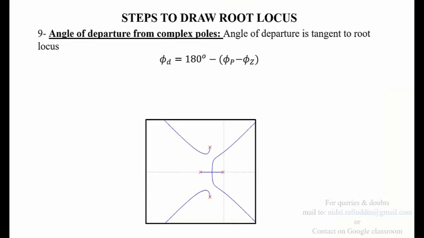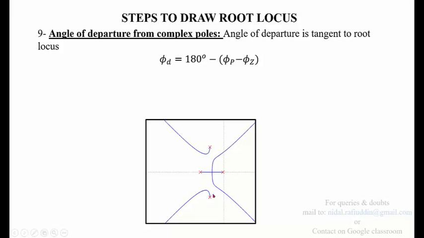And then comes rule 9. It talks about the angle of departure from complex poles. So whenever you're going to have complex poles, for example in this example, you see that there are two poles lying on the real axis, and there are two poles that exist in complex conjugate form.